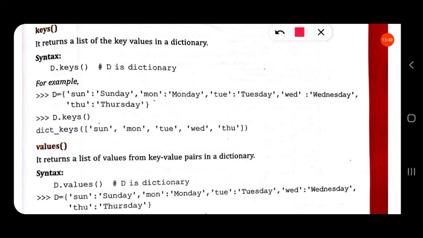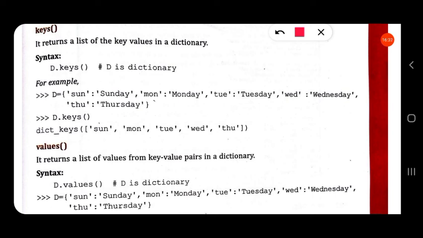If we write the function D dot keys, it will return the output as dict keys in brackets, the keys in the dictionary: SUN, MON, TUE, WED, THU. So D dot keys will return the keys in the dictionary.